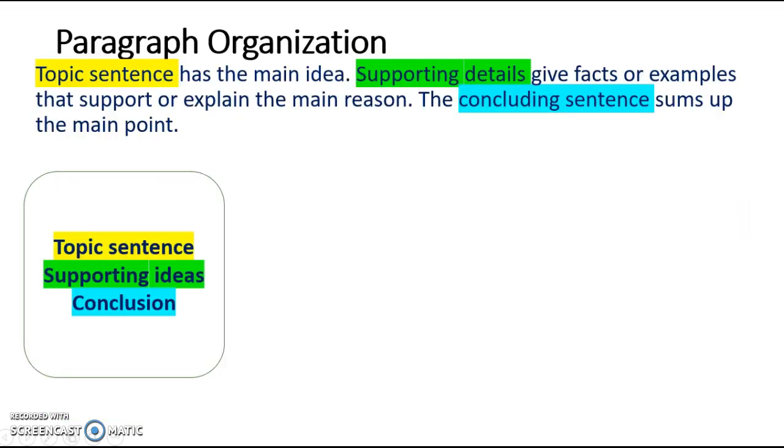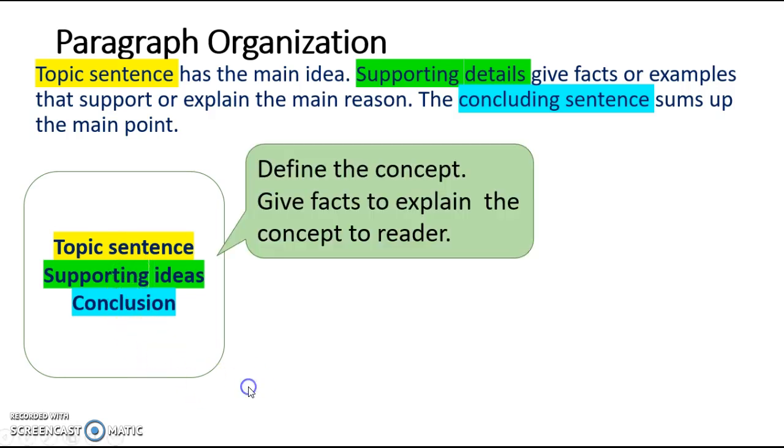So how are paragraphs organized? Well, basically they follow this pattern of organization. It starts with the topic sentence, the main idea. We have our supporting ideas, and then our conclusion.